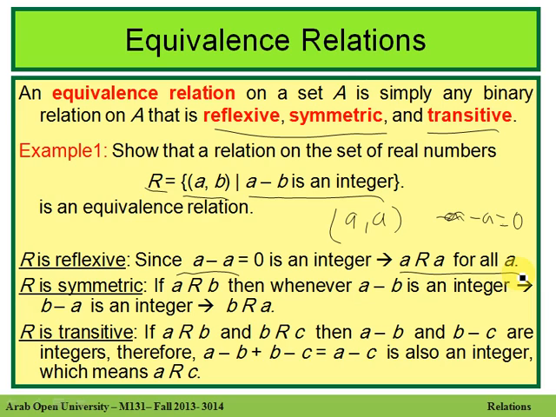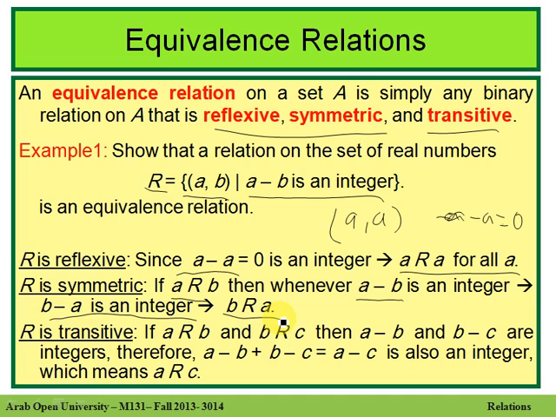For example, if you take a as 2 and b as 3, then 2 minus 3 is minus 1, an integer, and 3 minus 2 is 1, also an integer. So it is symmetric. If a relates to b, then a minus b is an integer, and b minus a is also an integer. So we say that b relates with a. It is symmetric.